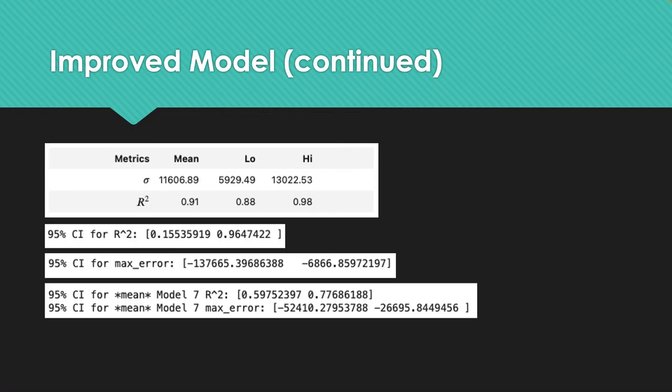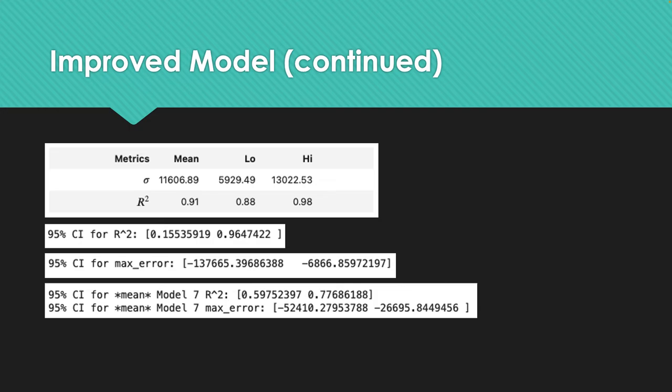And running the improved model, these are the stats that I got back. So the summary showed that the sigma value had a range from 5929 to about 1300 with a mean of 11,606, and the r squared was about 0.91.